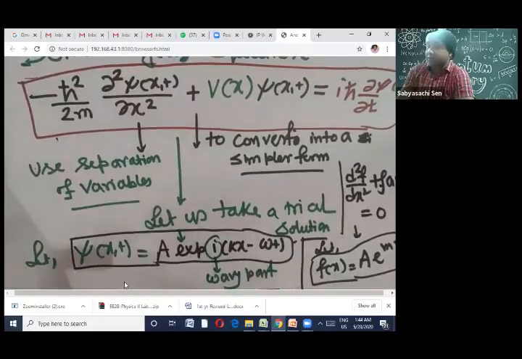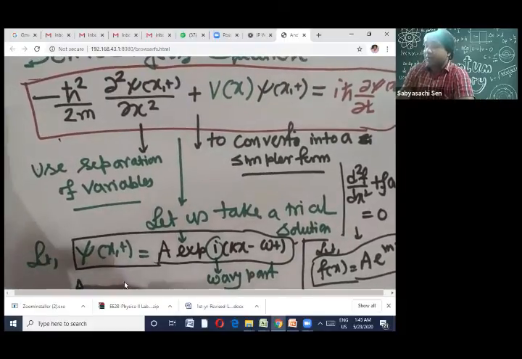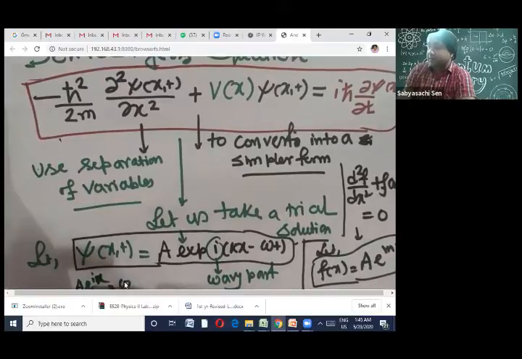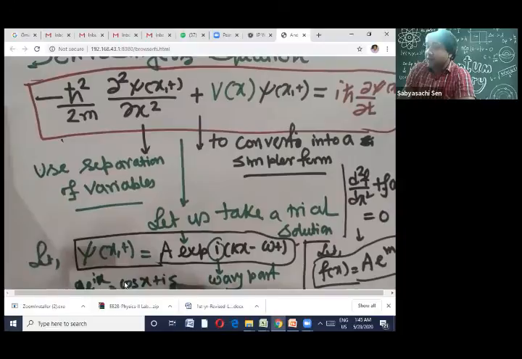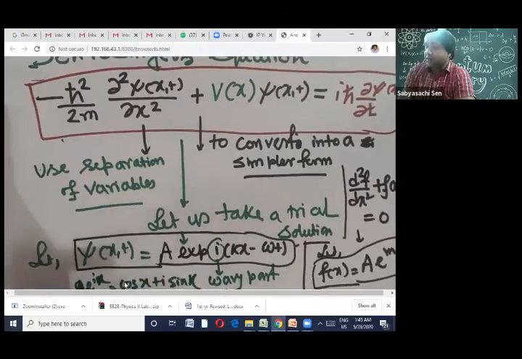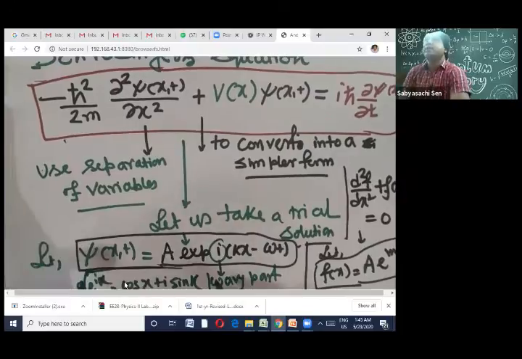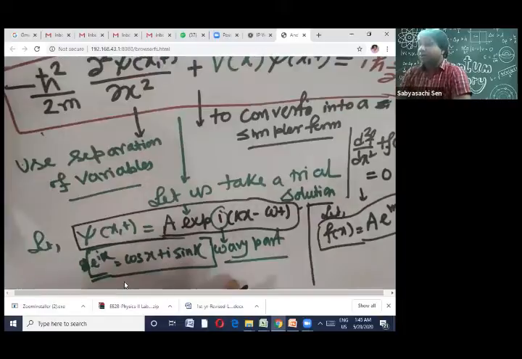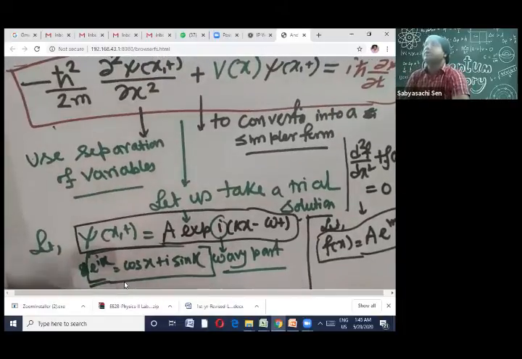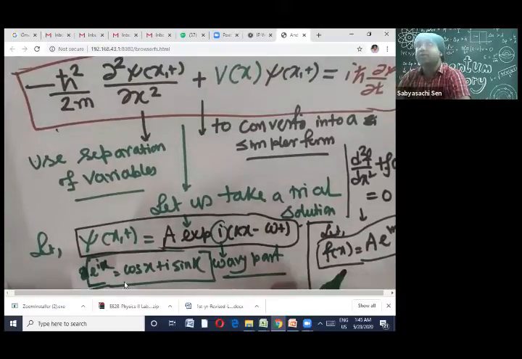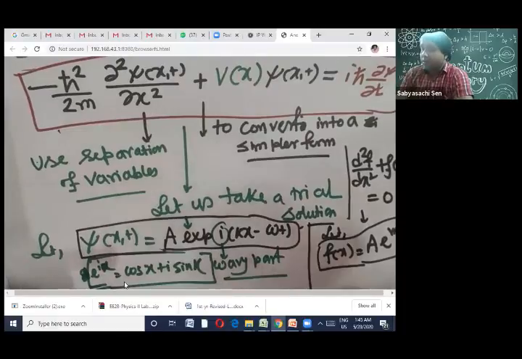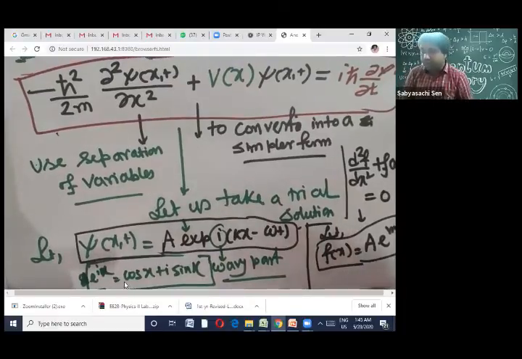Because e to the power ix is cos x plus i sin x, this is a periodic solution, so it is a wavy solution. To give a wavy touch to my discussion, I consider e to the power i(kx minus omega t) as my trial solution. Now let us progress a bit more.